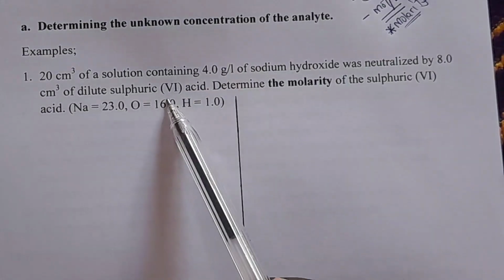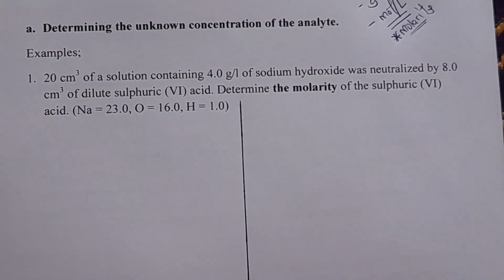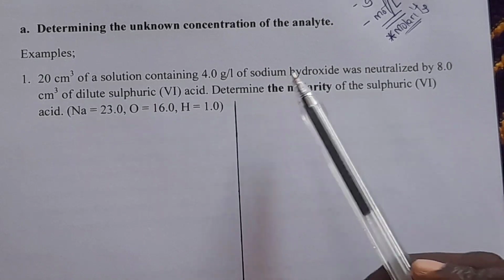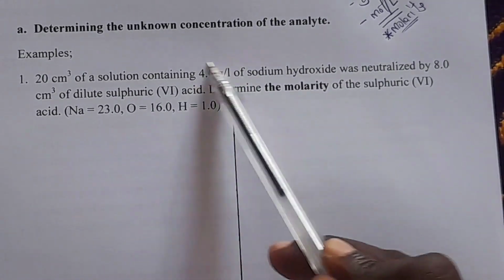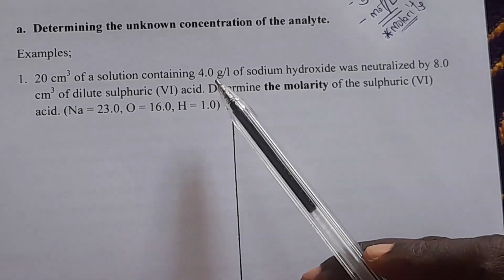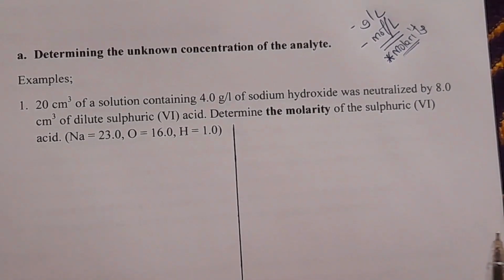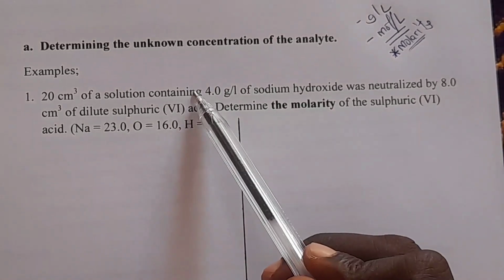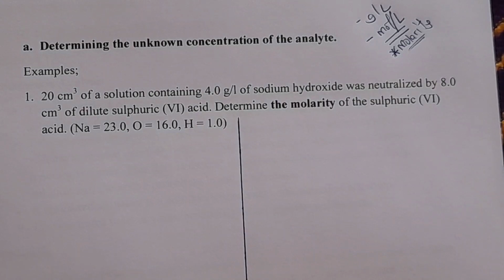But for sulfuric acid, you are given only the volume, so its concentration is unknown. In other words, sodium hydroxide is the standard solution because we know its concentration, which is 4.0 gram per liter. Concentration is expressed in two ways: gram per liter, and mole per liter or mole per decimeter cube. So sodium hydroxide is the standard solution and sulfuric acid is the analyte.